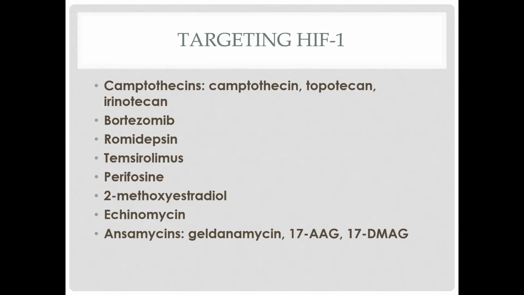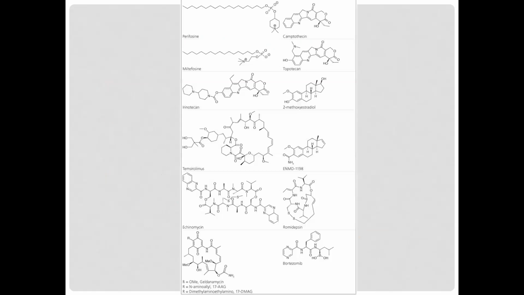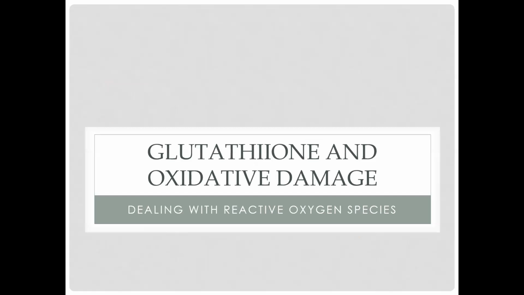So these drugs, again, some are already being used, some are in clinical trials, some are still in animal trials. And here are the structures of some of those compounds. All right, any questions about HIF-1 before we go on to glutathione?